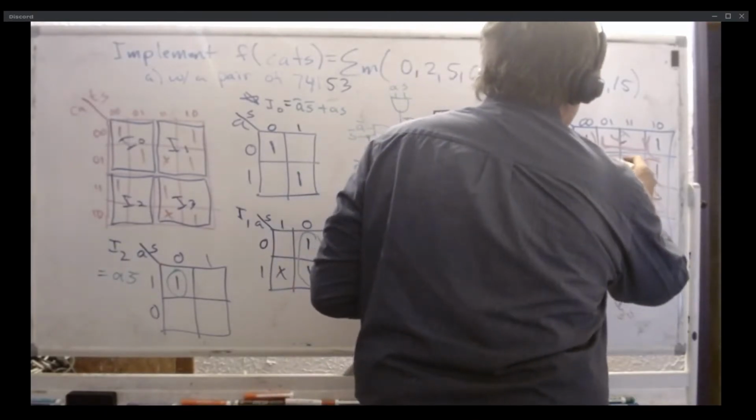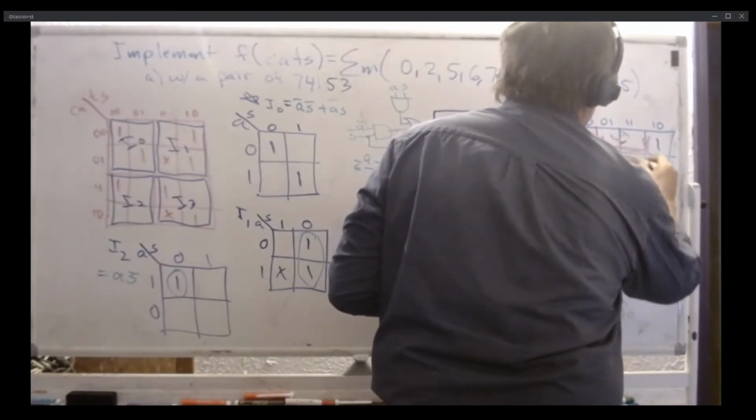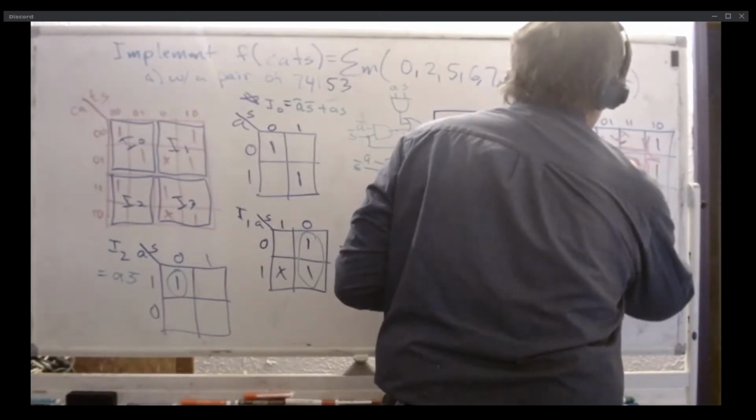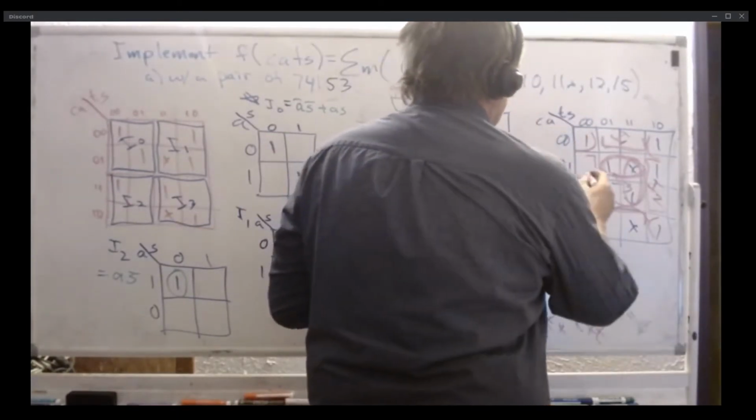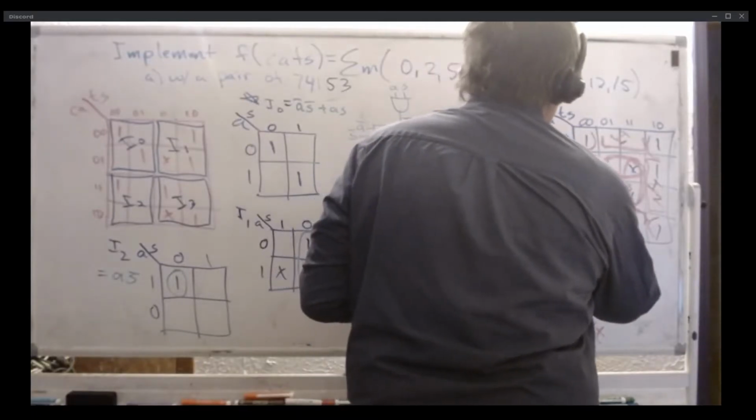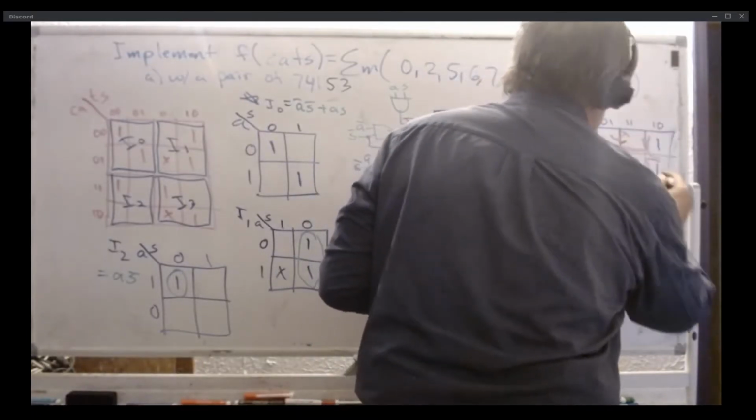Just an OR gate. Do this and this. And I get C' ORed with T.